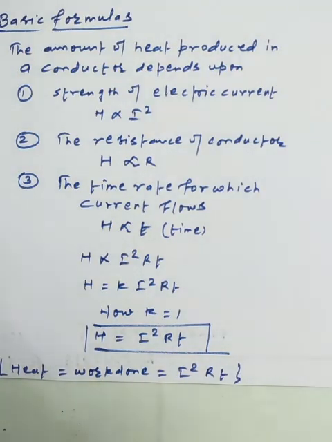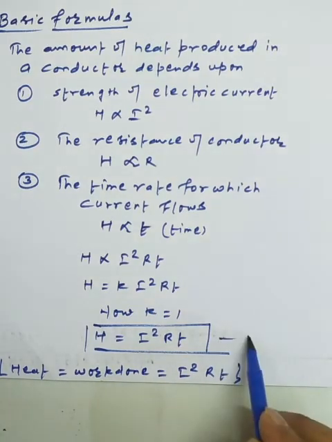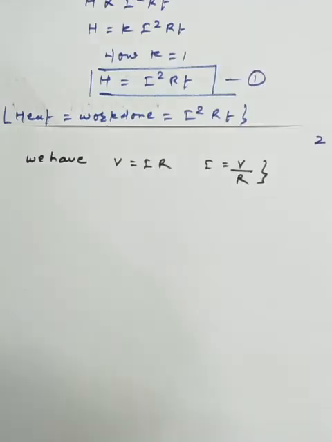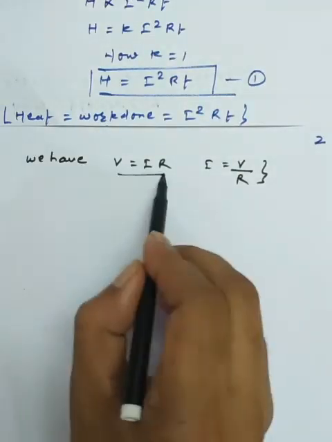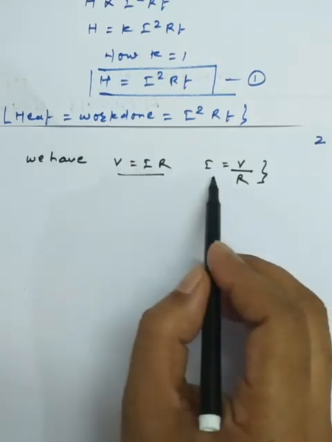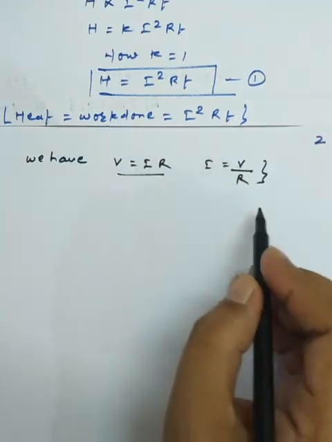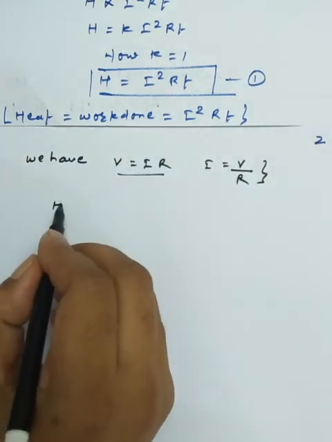We should keep this formula in our mind, and on the basis of this formula we want to discuss the other formulas. Now as per Ohm's law, V is equal to IR, and we can substitute I is equal to V upon R in equation number 1. So what is the next formula we can discuss here?